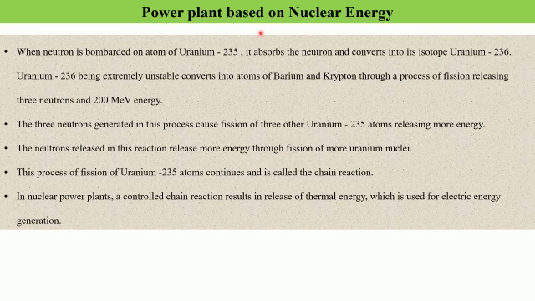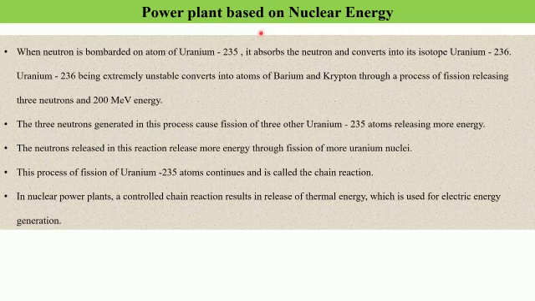The process that takes place is the nuclear fission, that is the breaking of the nucleus, or we can call it the splitting up of a heavy nucleus into two lighter nuclei, along with the release of a large amount of energy. So this process is called nuclear fission, where a heavy nucleus gets split up into two lighter nuclei along with release of a large amount of energy.